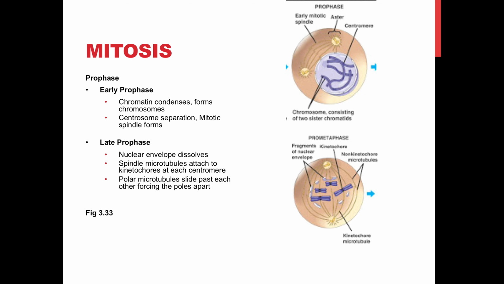So polar microtubules are forcing the cell apart, and the kinetochore microtubules are pulling the chromosomes apart. They're not so forceful that they're tearing the chromosomes apart, but they're pulling them, which is going to make them eventually line up along the equator of the cell, and that's what we're going to see next in metaphase.